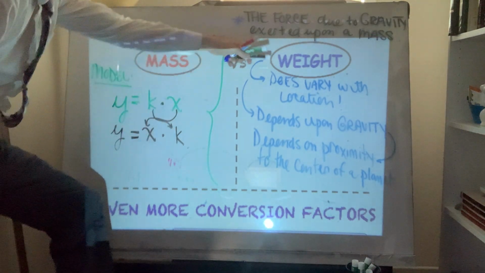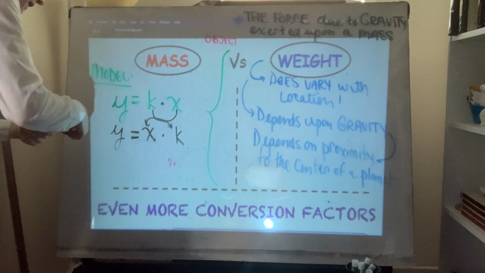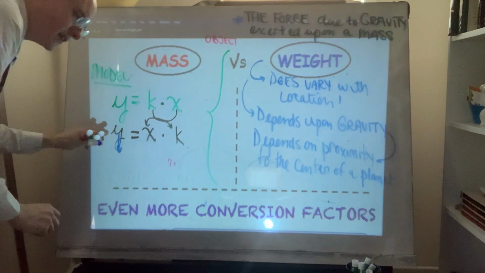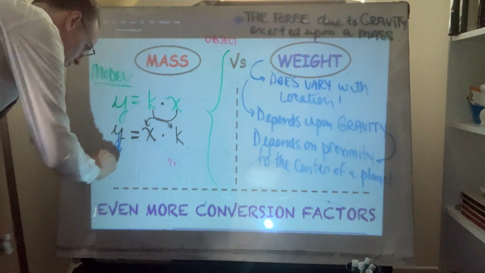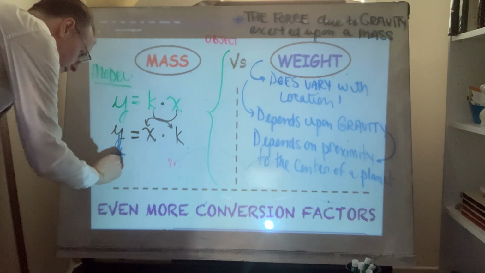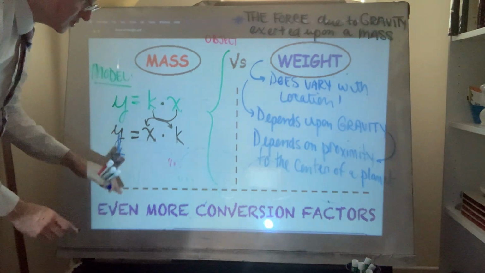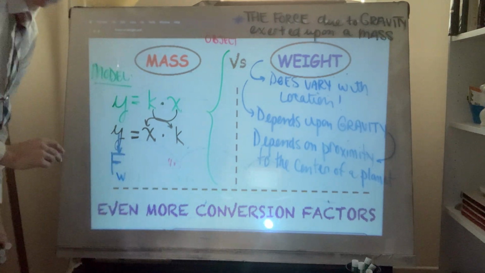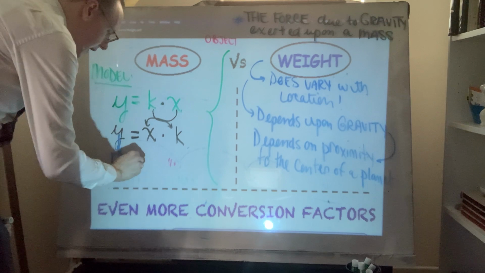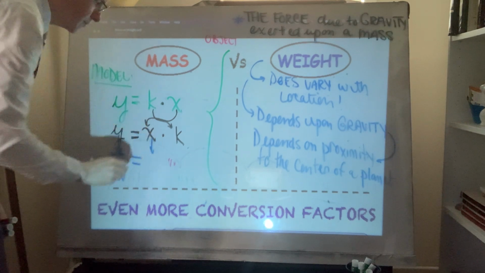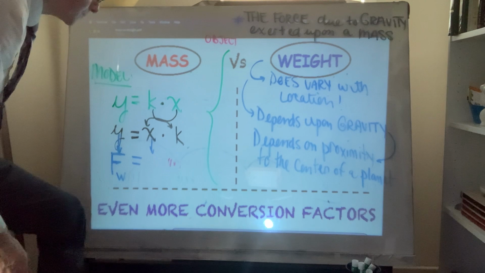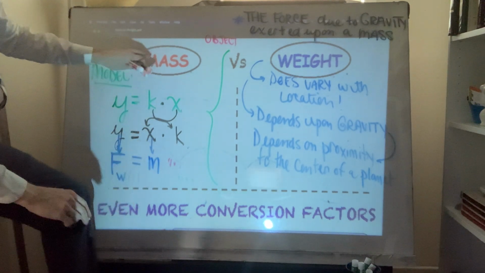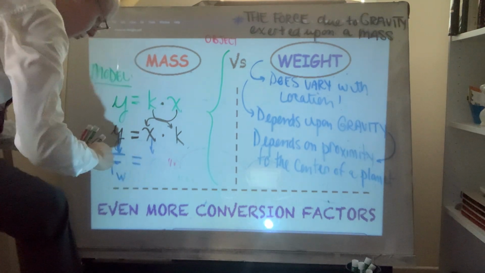If weight is a force, then a logical letter to stand in place of the dependent variable y would be F. If you want to identify it specifically as the force of weight, you might use a little subscript, so a w here. And instead of the independent variable being labeled x as a generalization, let's use m for mass. So maybe I'll just make that red, that would be intuitive.